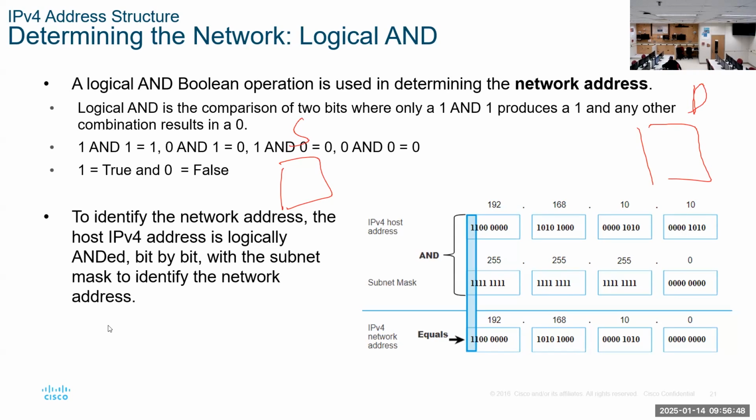Before I communicate from the source to the destination, the computer does one action. It has to figure out: is the destination on the same network or not? How can it tell? It has to figure out the network address, because if they are on the same network, they have the same network address.